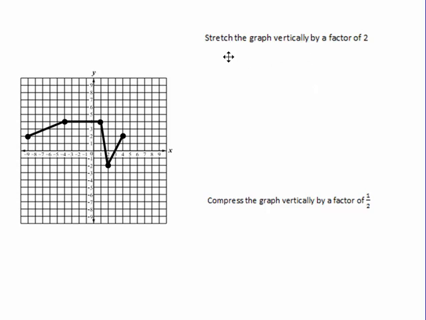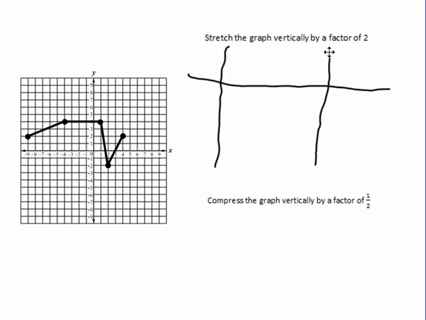Now there's two more that we have on here where we stretch the graph vertically by a factor of 2. And for that, in our chart here, our vertical values are the y values. So x doesn't change, but we're stretching by a factor of 2, so I'm going to multiply all my y values by 2. So I'm going to have 2 times y.